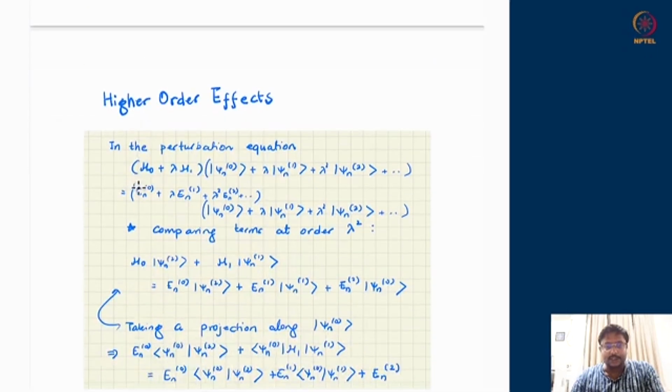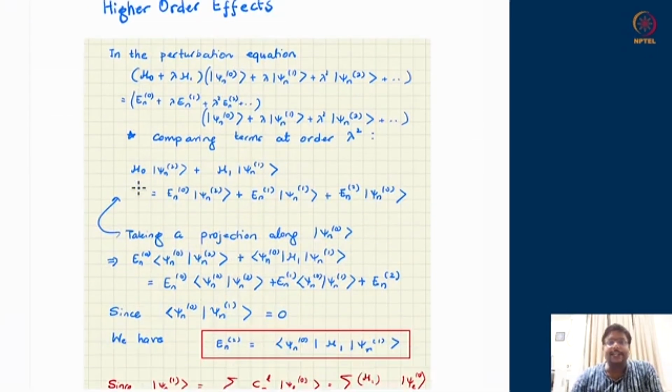To start the story, we again rewrite the time independent Schrodinger equation, where the full Hamiltonian is H naught plus a perturbation, the parameter lambda times the Hamiltonian H1. This is the full change to the Hamiltonian, which is brought about by some parameter which we are calling lambda.